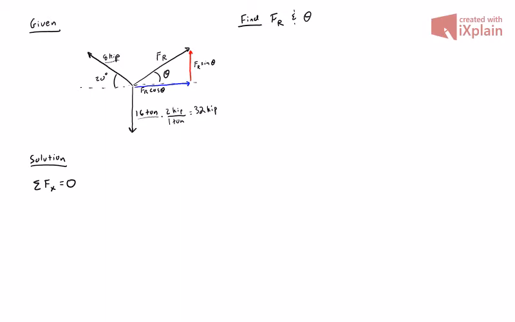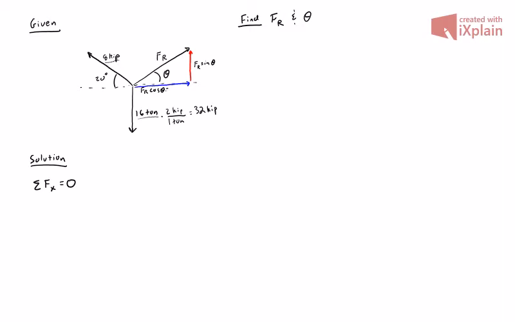And we can go ahead and use that. We're going to come up with a couple equations that have both FR and theta as unknowns. However, that ends up where you have equations and you're trying to solve for thetas, which can sometimes get a little confusing in your calculator depending on how your calculator is trying to solve for that angle. It can bog it down. So there's a second way to look at these.